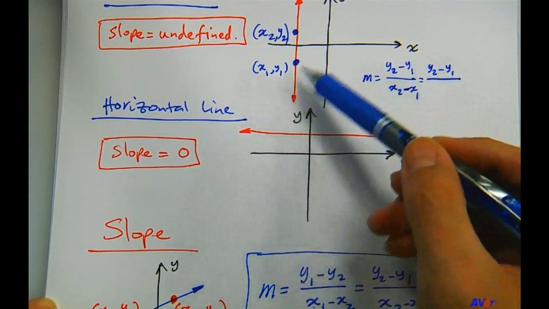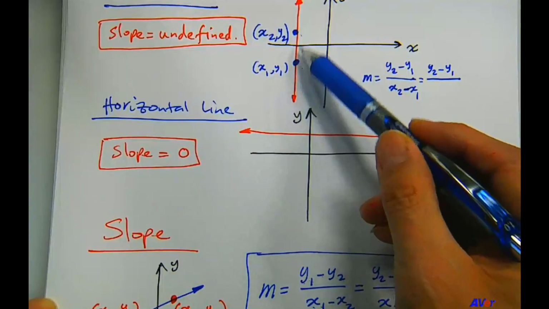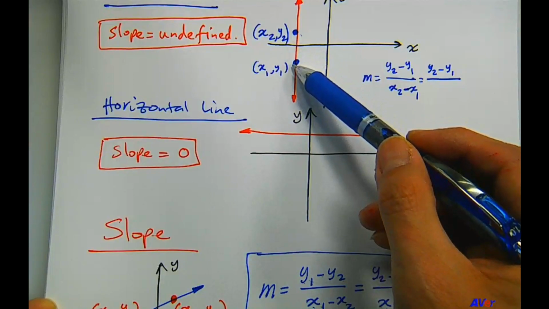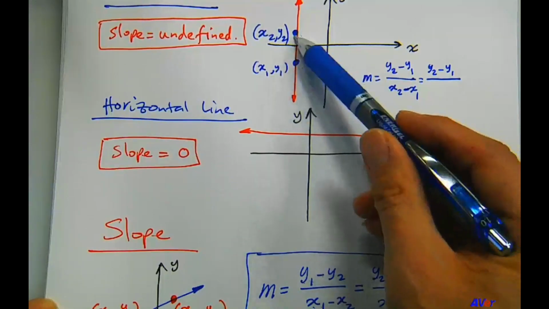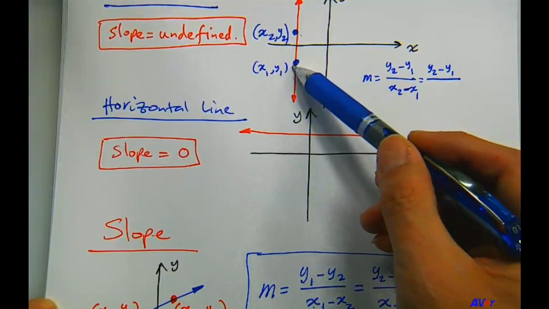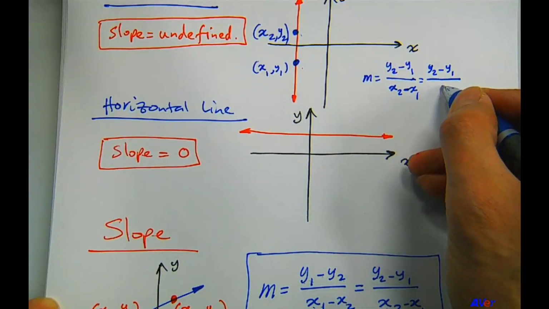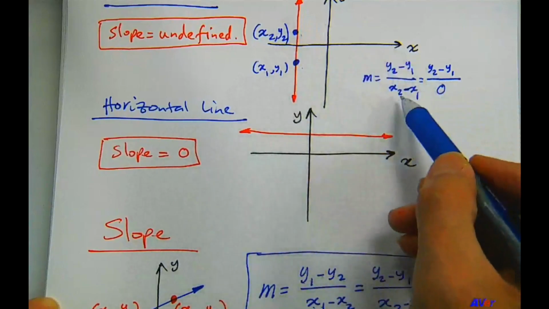But if you take a careful look at the x component of these 2 points, what do they have to be? Can they be different? No. The x coordinate for these 2 points has to be the same x value. So x2 minus x1 is going to be 0, because for any vertical line this is true.